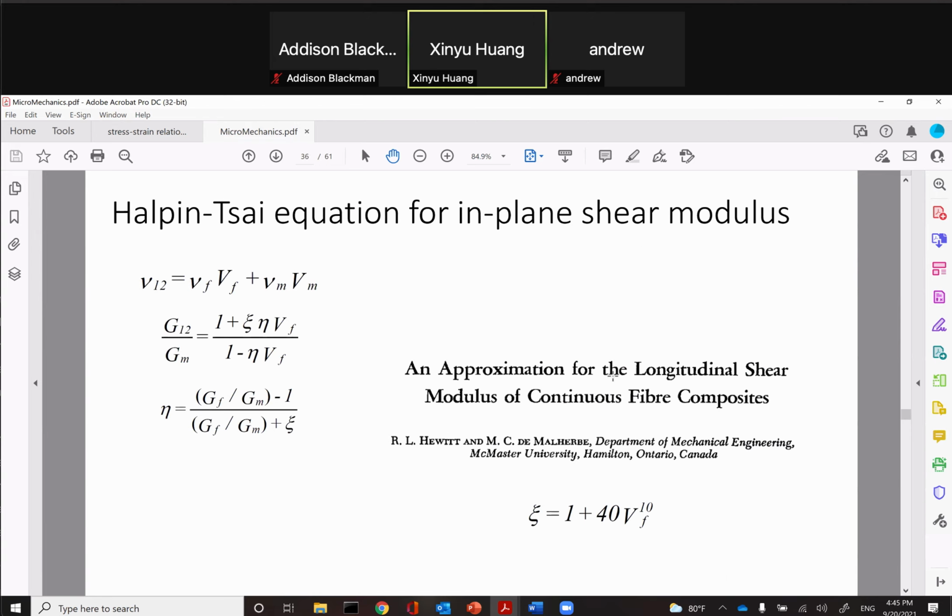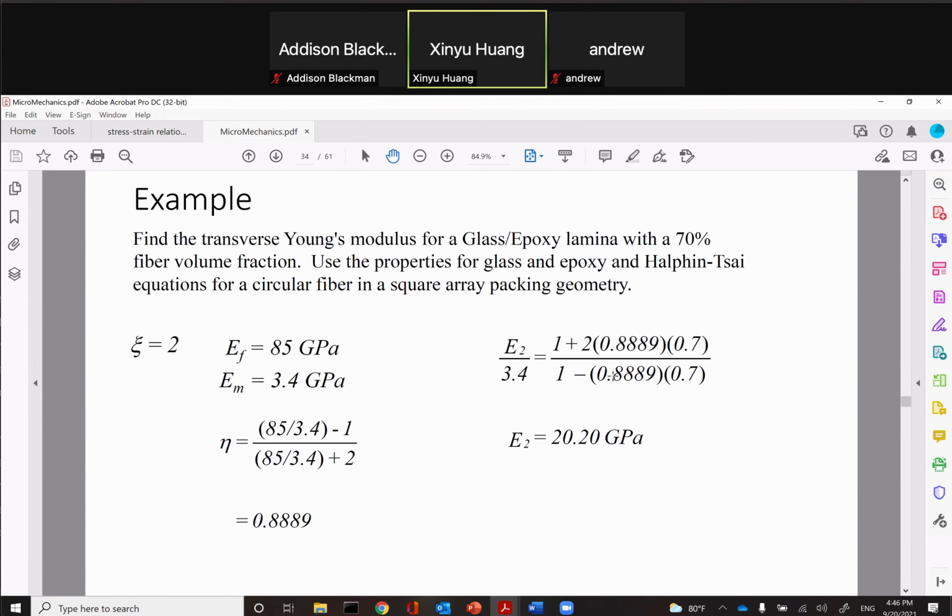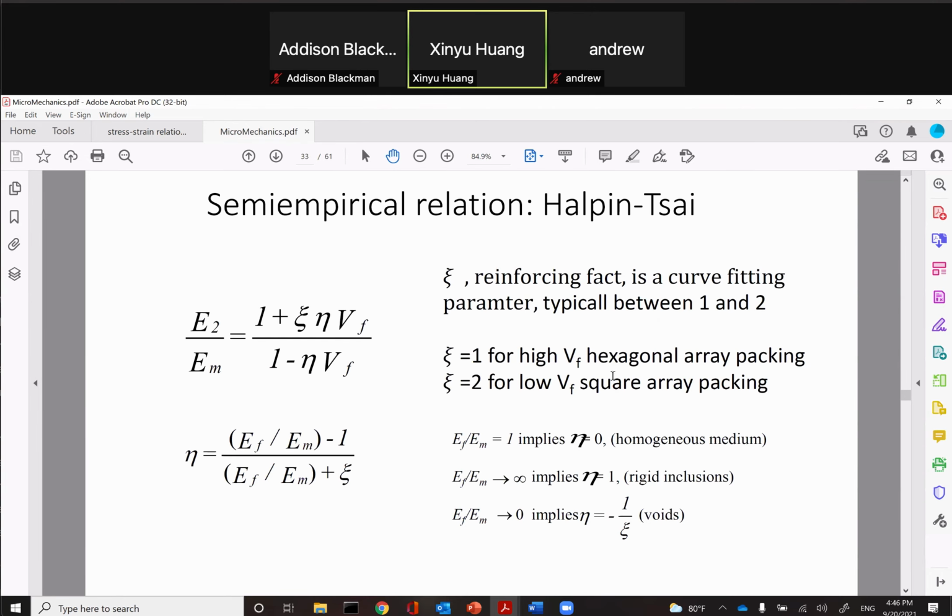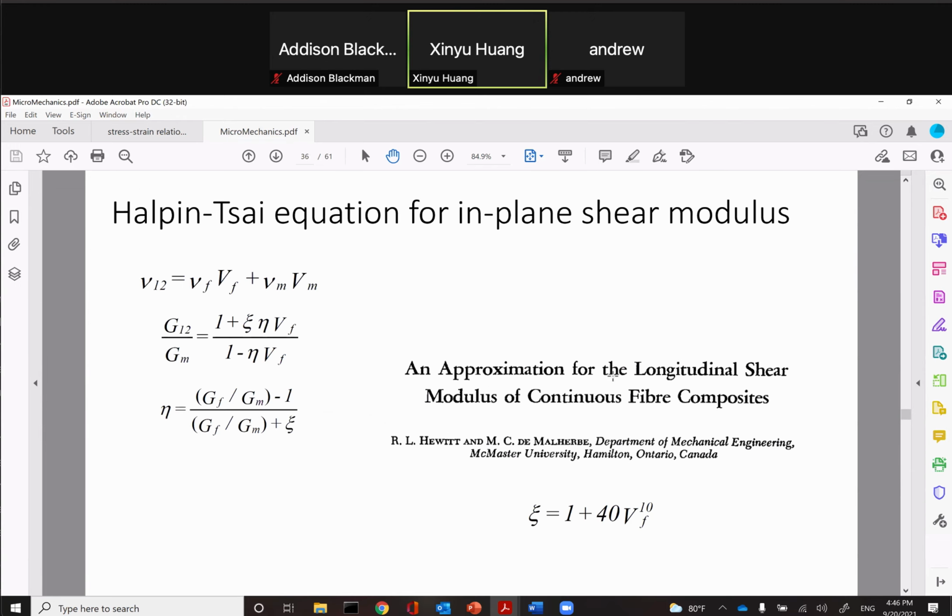All right. There are more details of this method. This method can be applied to transverse shear as well. It's almost the same form. That's the Halpin-Tsai equation for transverse Young's modulus. This is the Halpin-Tsai equation for in-plane shear, G12. It's in a very similar form.